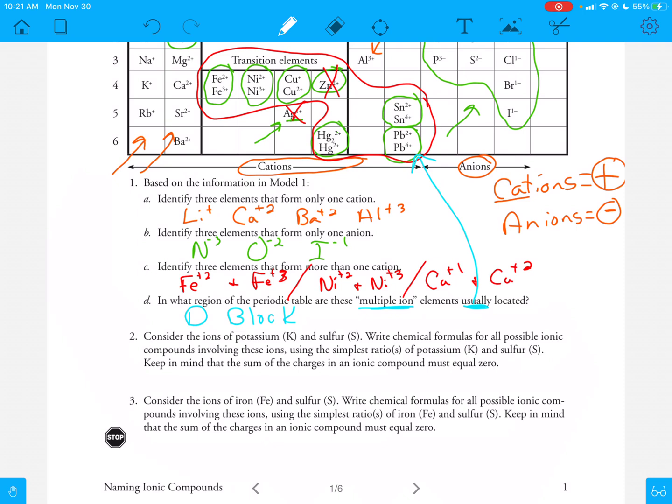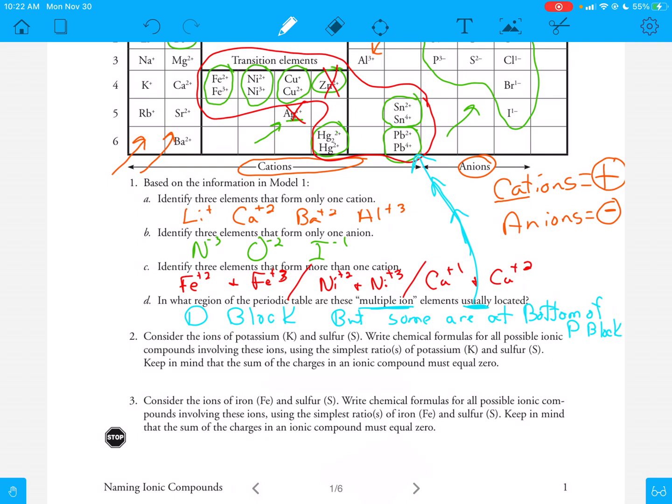And the F block. So most of these are in the D block. But I can say, but some are at the bottom of P block. And you can see that right there, right? We do have some that are at the bottom of the P block that do the same thing.